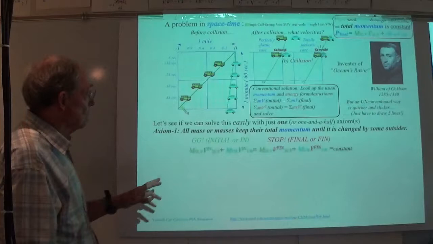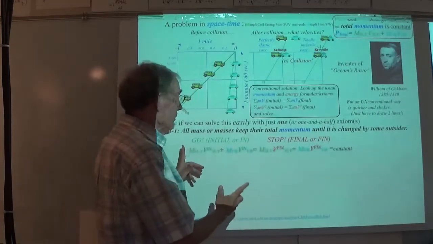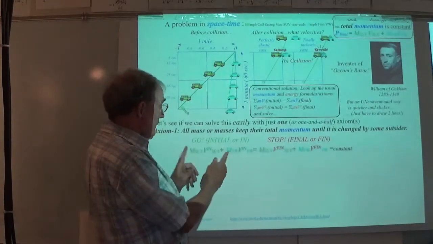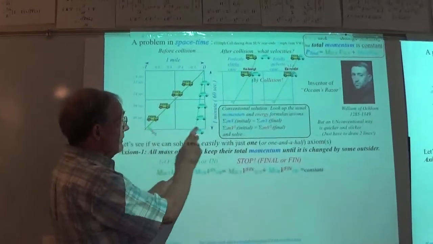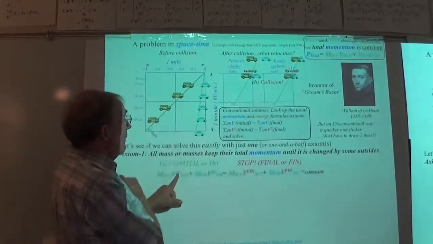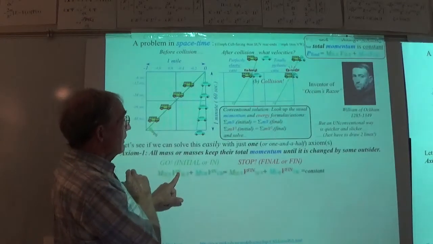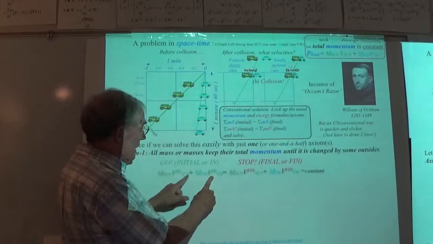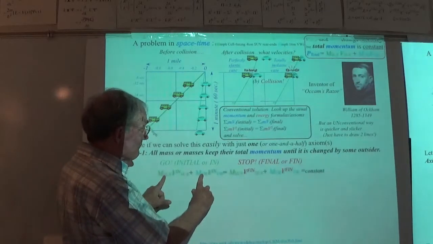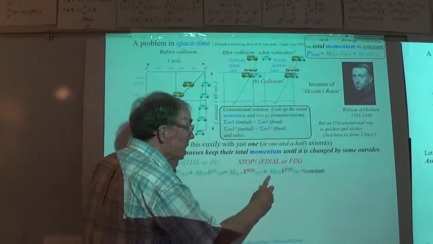So, the basic idea is that the input values of the velocities, which are 60 miles an hour and 10 miles an hour here, okay, are going to sum up with the mass coefficients, mv, to the same numerical value.